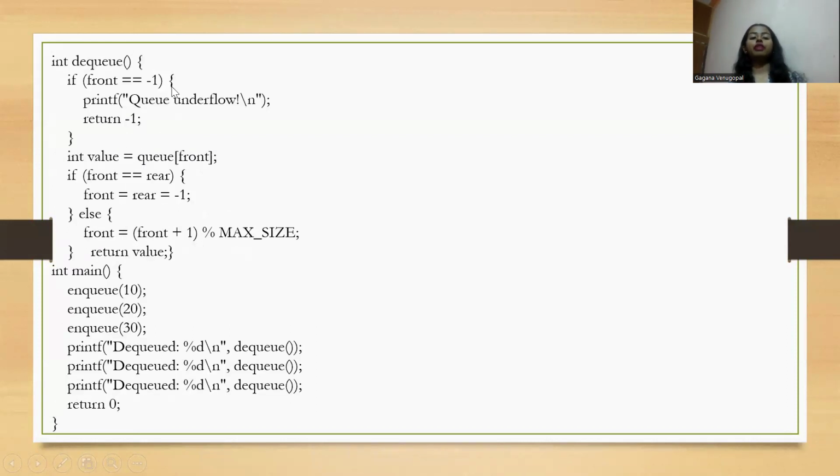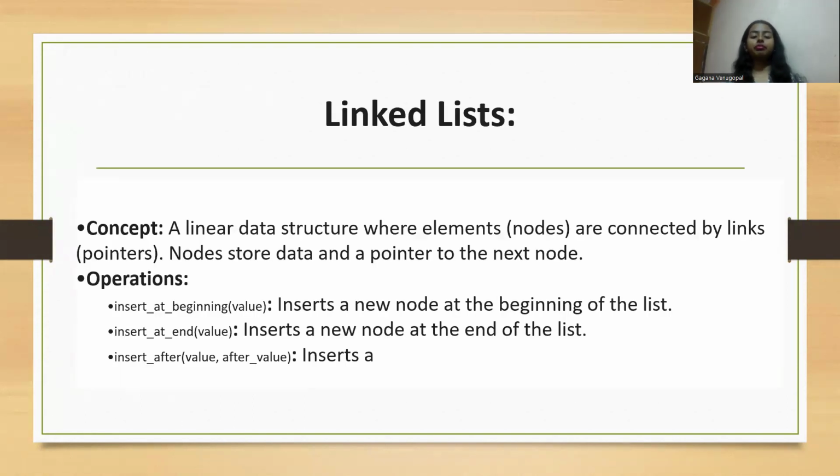Int dequeue: if front is equal to -1, print queue underflow, return -1. Int value is equal to q[front]. If front is equal to rear, front and rear are set to -1, else front is equal to (front + 1) % MAX_SIZE. Return value, and then we again print all the dequeued values.